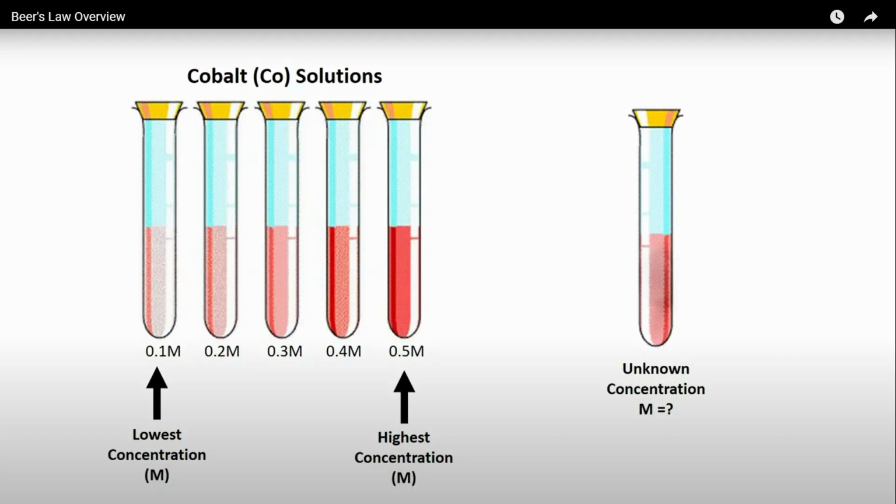Anyone want to take a guess as to what the molarity is of this unknown? 0.35, because it's kind of in between the 0.3 and the 0.4. Okay, it's hard to tell. Maybe you think it's 0.3, maybe you think it's 0.4. Hard to tell, which is why we don't rely on looking at the color to figure out our concentration, not unless we really don't care about how specific we are.